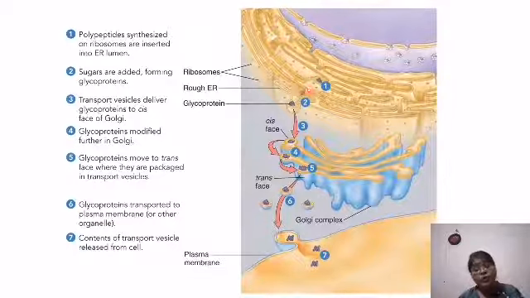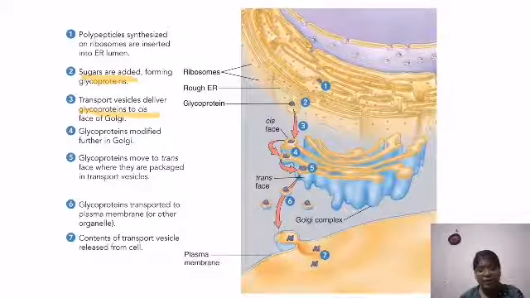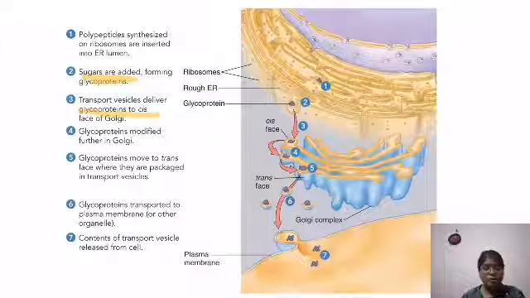There, sugars are added to it, they are getting glycosylated, and transport vesicles deliver glycoproteins to the cis end of the Golgi, so we will come to that later. Now remember one thing, we will come to Golgi bodies also.